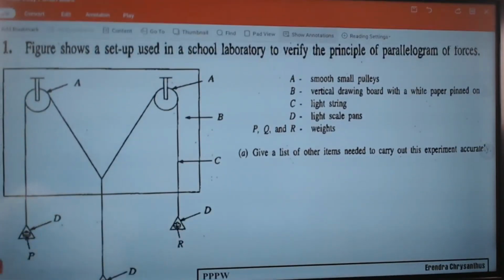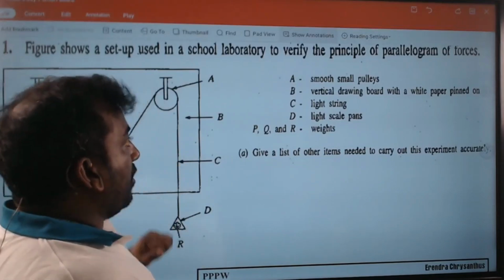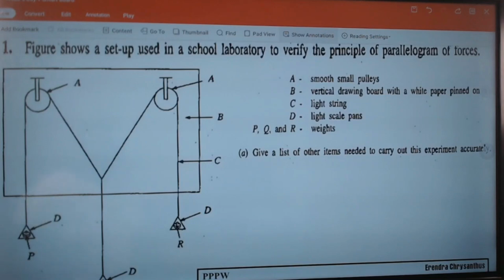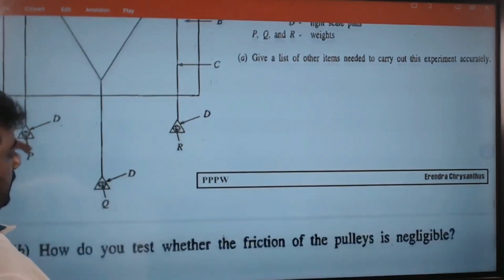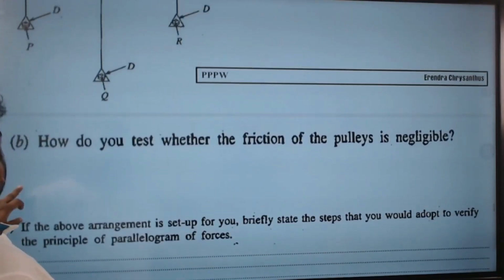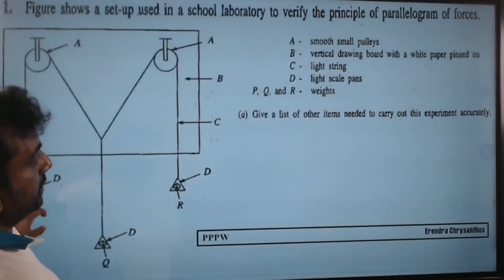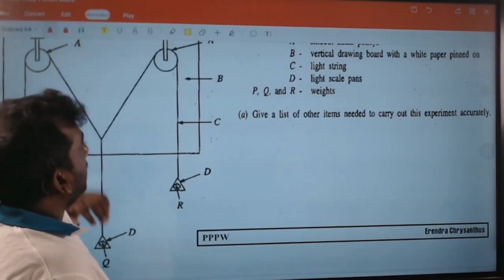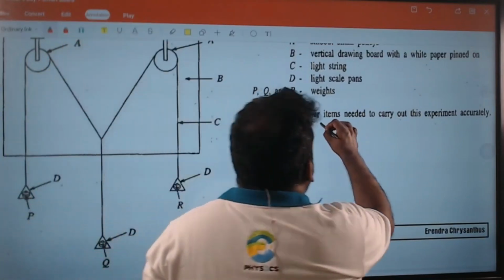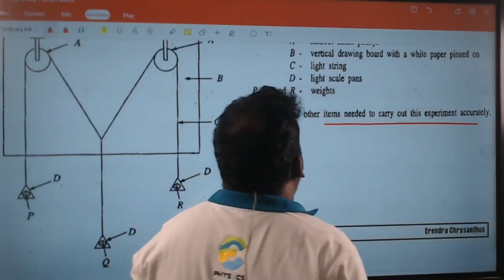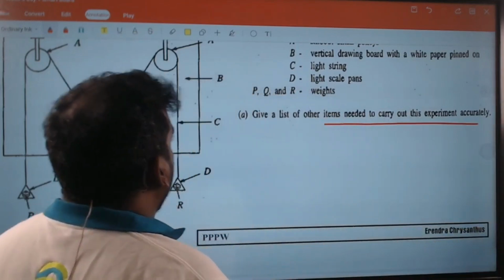So moving on to a very famous structured essay: the principle of parallelogram of forces. First question. Give a list of other items needed to carry out the experiment accurately.